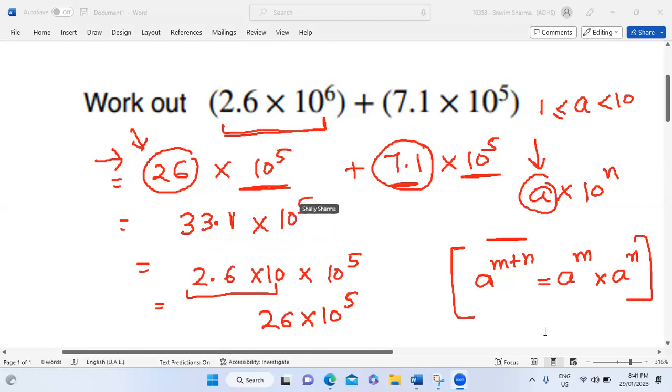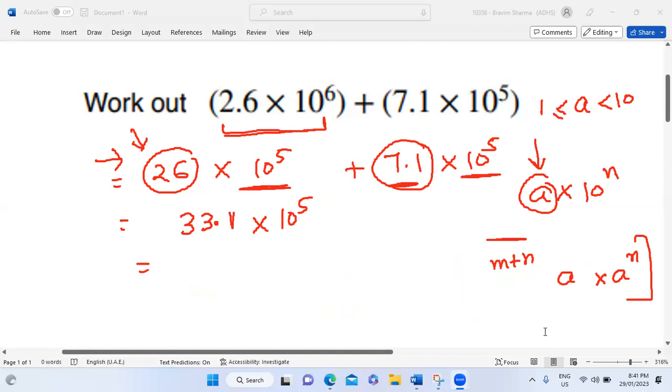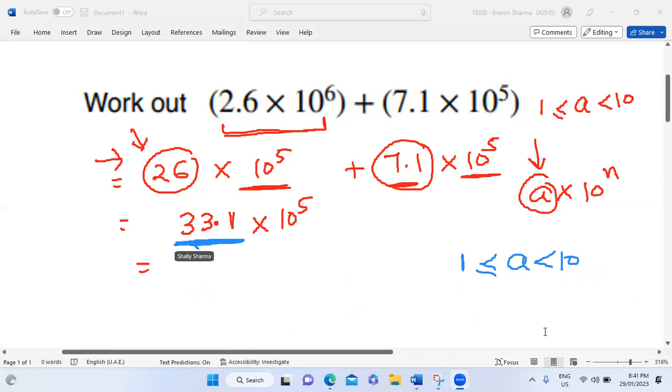Now the question comes that this number is not in a proper standard form because of this A. Now I will try to convert it into a standard form. For that, because this number should be less than 10 and greater than or equal to 1, and this number is bigger, I have to make it smaller. Smaller means I need to divide, and because I need this decimal point to move one place to the left, I will divide it by just 10.